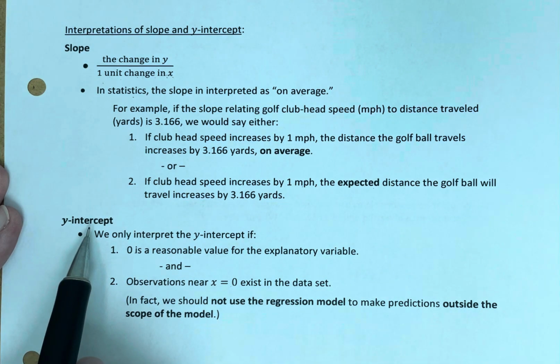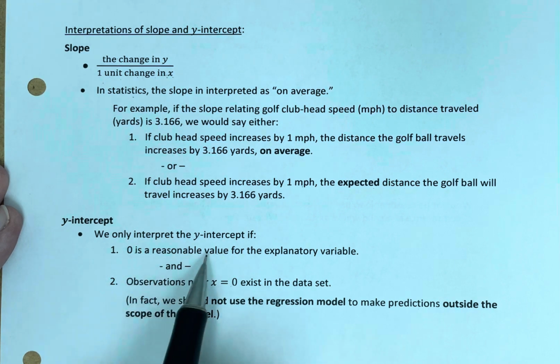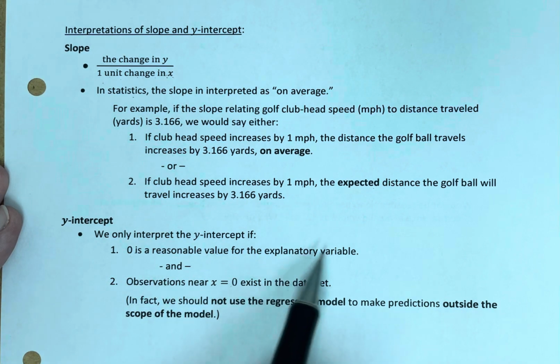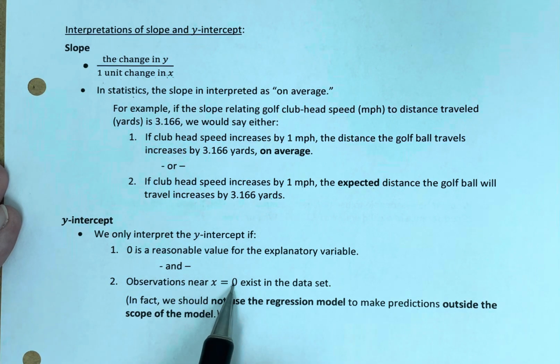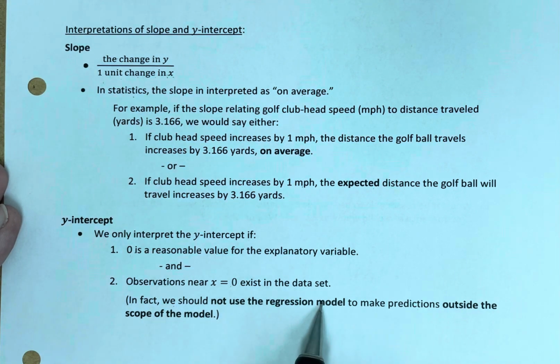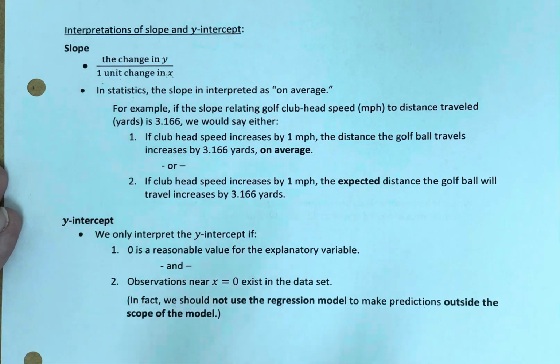And when we're dealing with the y-intercept, we can only use the y-intercept if 0 is a reasonable value for the explanatory variable, and if observations near x equals 0 exist in the data set. And then as we saw in part B, we should not use the model to make predictions that are outside of the scope of the model. We want to make sure we are within the scope of the model.